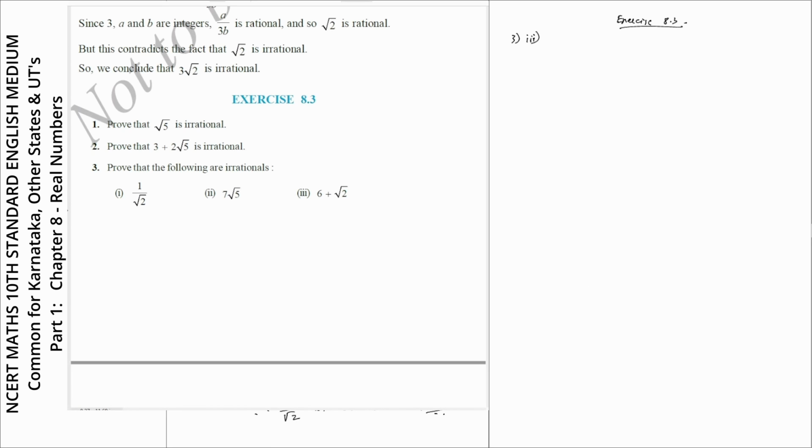Exercise 8.3, question number 3, sub question 3. So we should prove that 6 plus root 2 is an irrational number. Okay. I'll assume this is a rational number, and I'll try to prove it. If I fail to prove it, it means that this is an irrational number.